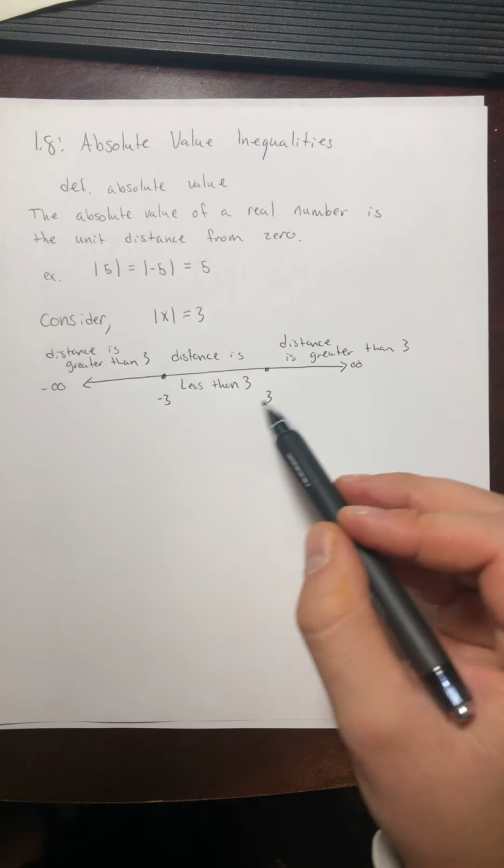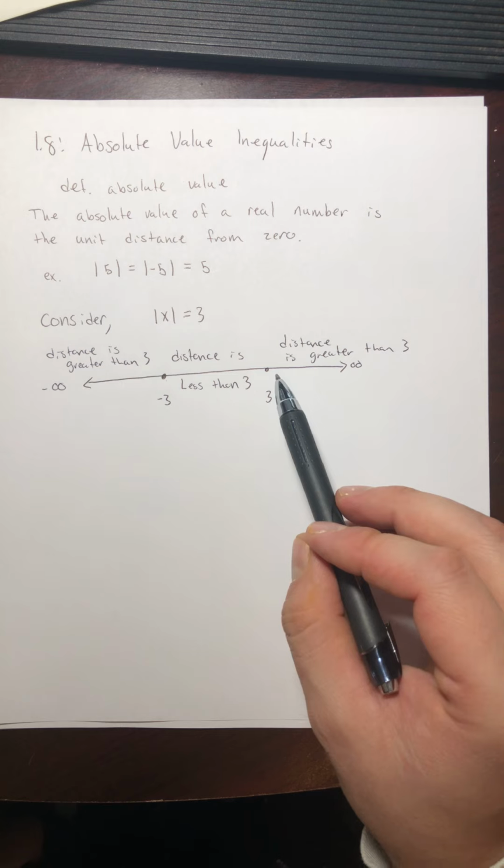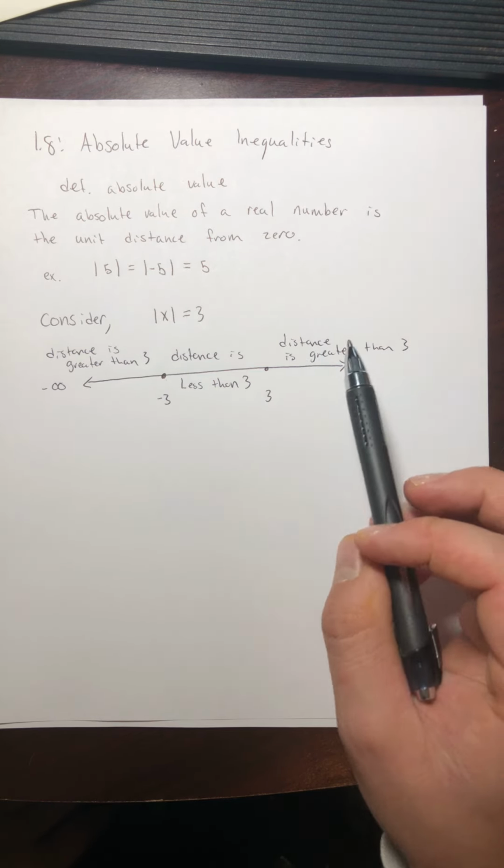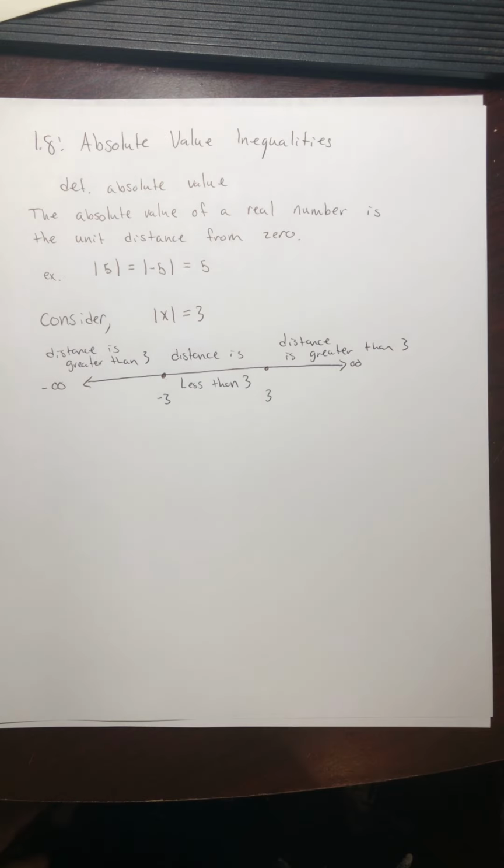So in between negative 3 and 3, the distance is less than 3. If x is greater than 3, the distance is greater than 3. And if x is less than negative 3, the distance is greater than 3.